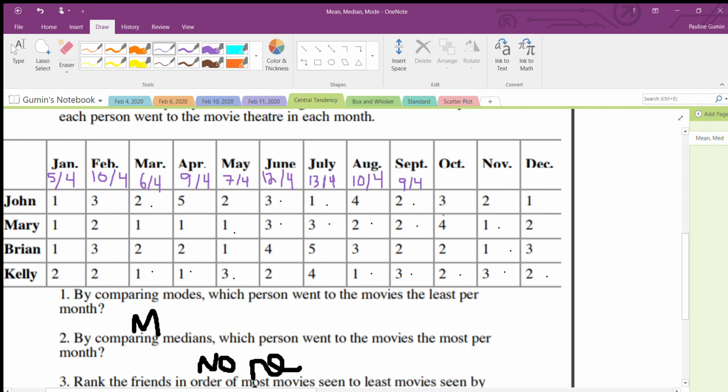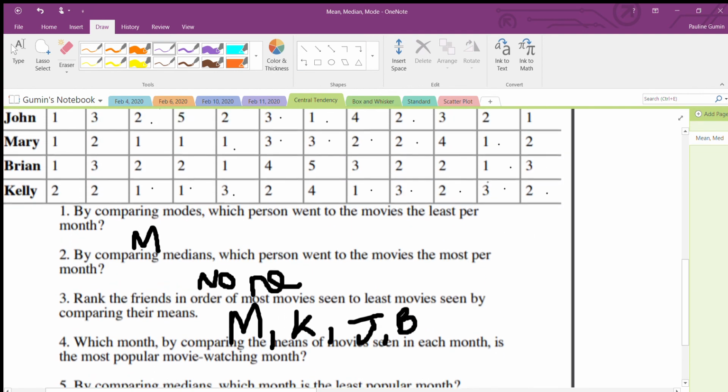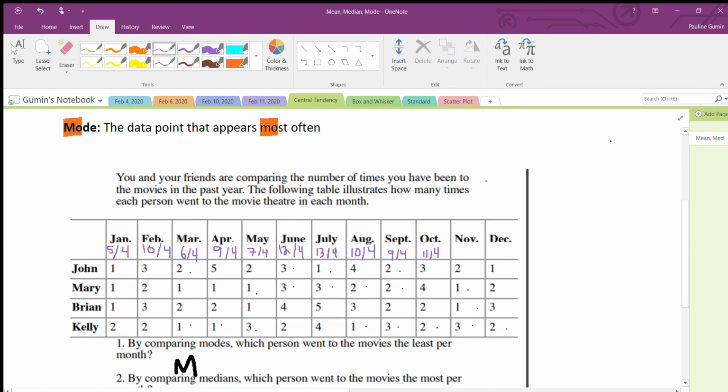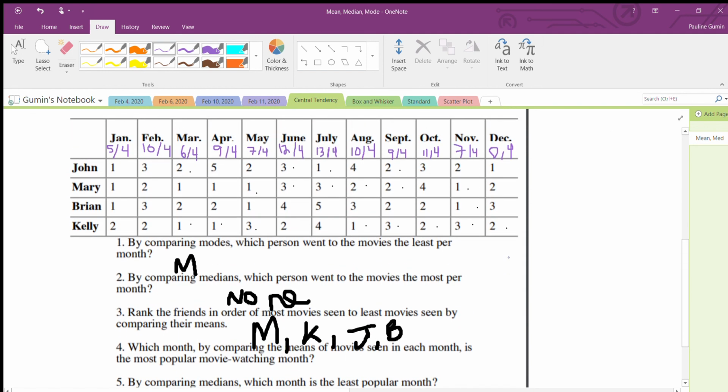October, 7 plus 4, 11. November is 2 plus 1 plus 1 is 4 plus 3 is 7. Out of 4, of course. And December is 3 plus 3 is 6 plus 2 is 8. So, according to these means, the most popular month is July.